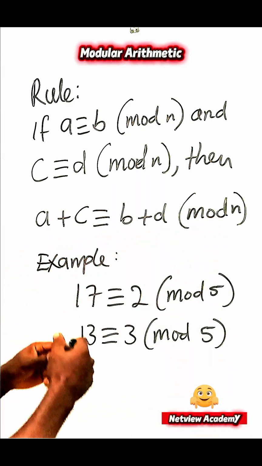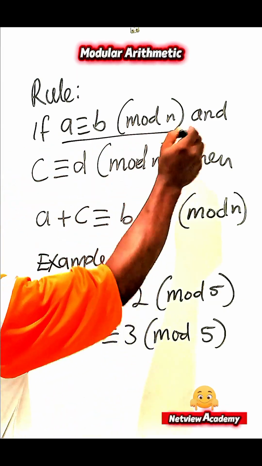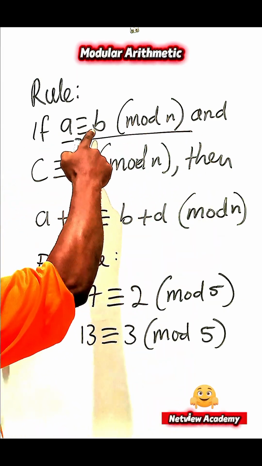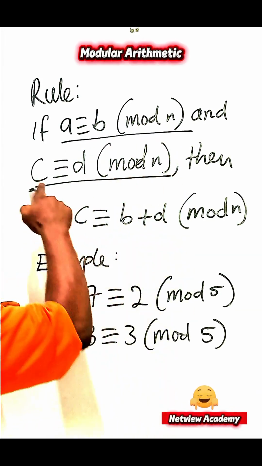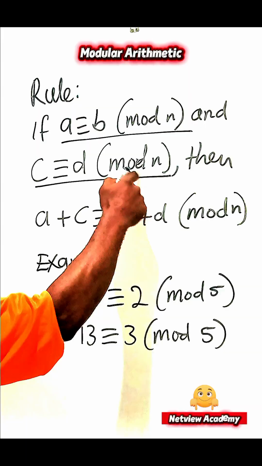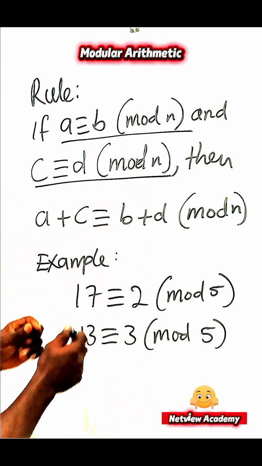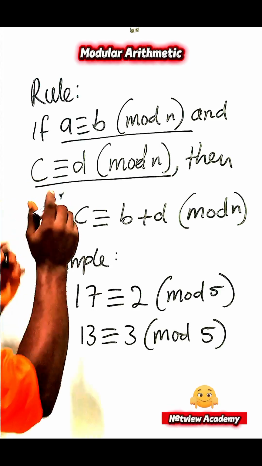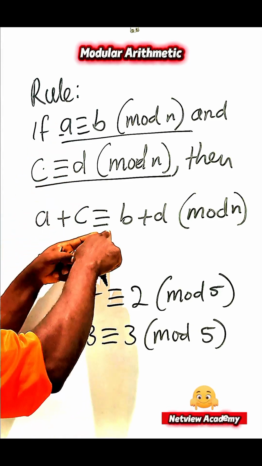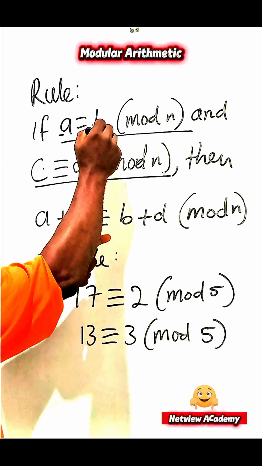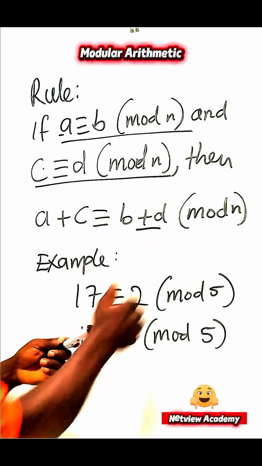So if we have these two values and we are asked to add them together, we are going to add A plus C is congruent to B plus D modulus n.